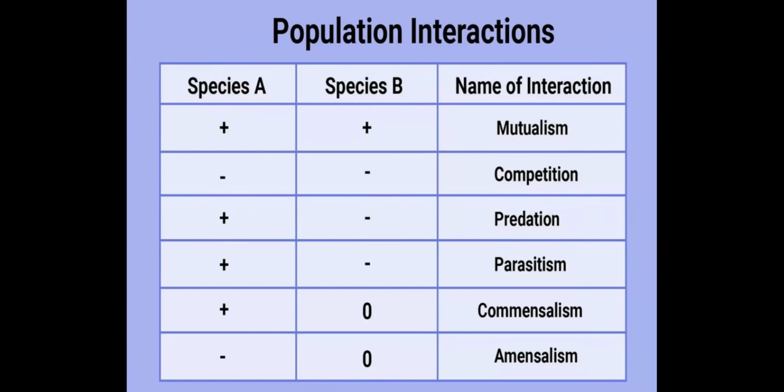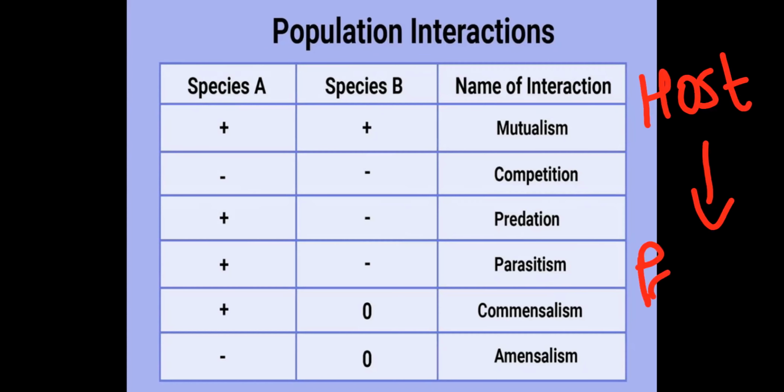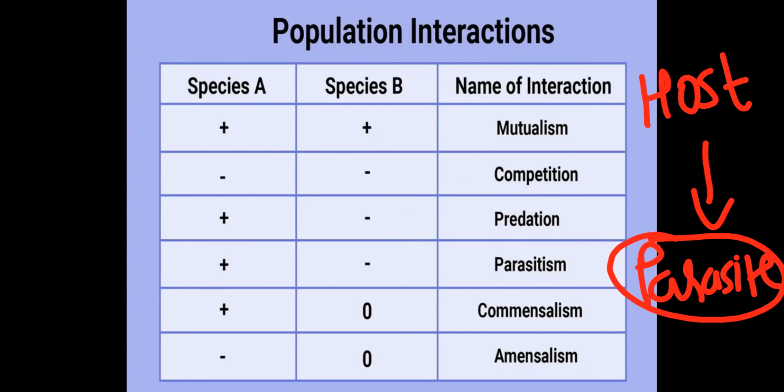Next is parasitism. In parasitism, two organisms are involved, one which we call the host, the other we call the parasite, right? For example, the parasite Plasmodium. Can you tell me, does Plasmodium depend on the host or does the host depend on Plasmodium?